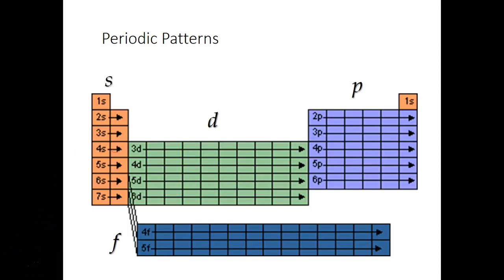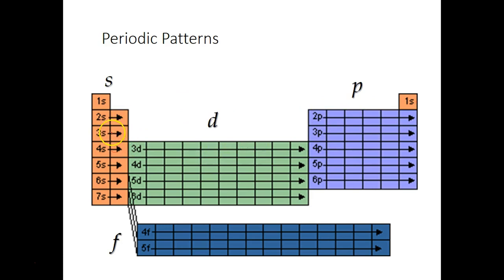The other way to memorize it is the way I prefer. I like to write my S, P, D, and then F down here. And then if you follow it from left to right, it'll tell you the order. So we go 1s, and then we reach the end. And then we start right here. It goes 2s, and then next is 2p6.